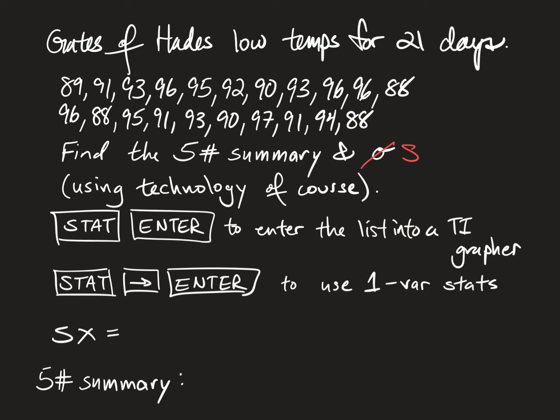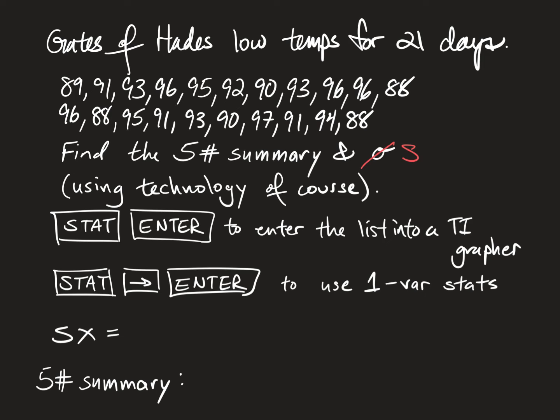So when you use One-Var Stats, you'll see that the Sx, which is the sample standard deviation, because I'll tell you, the community of Gates of Hades has lasted longer than 21 days, existed more than 21 days. This is just a sample.